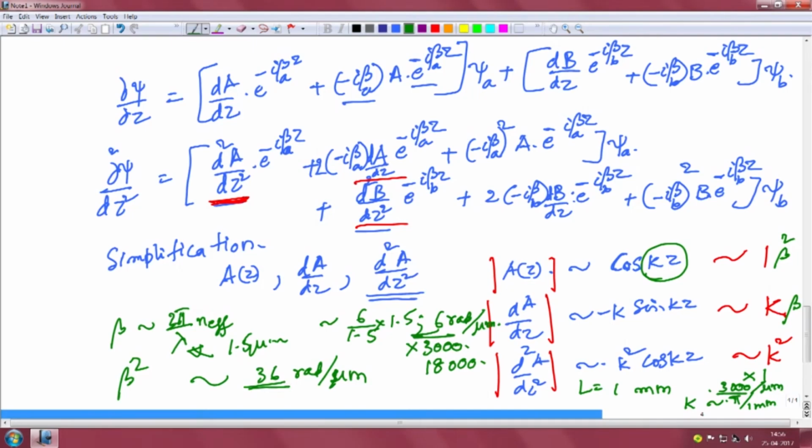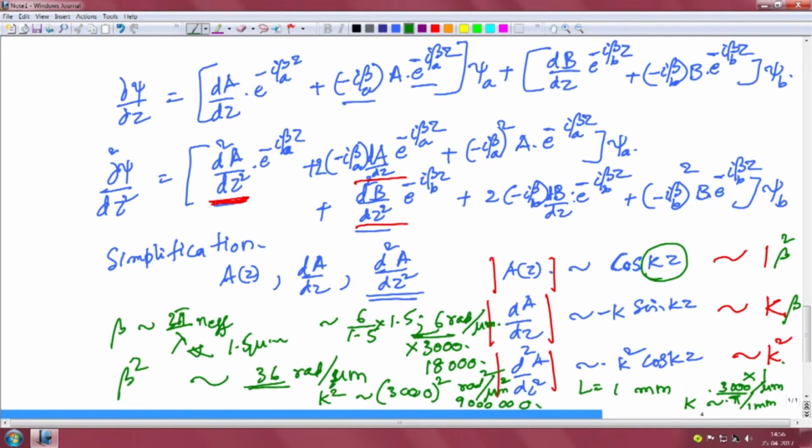And when you have the second derivatives, they are multiplied by k square. So k square goes as 3000 square radian square per micrometer square. So this is of the order of 9 followed by 1, 2, 3, 4, 5, 6 zeros.